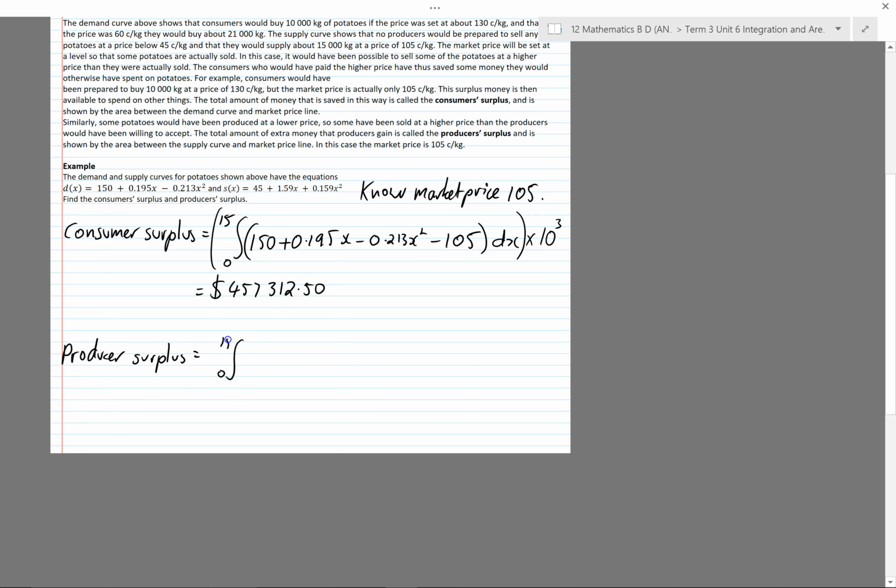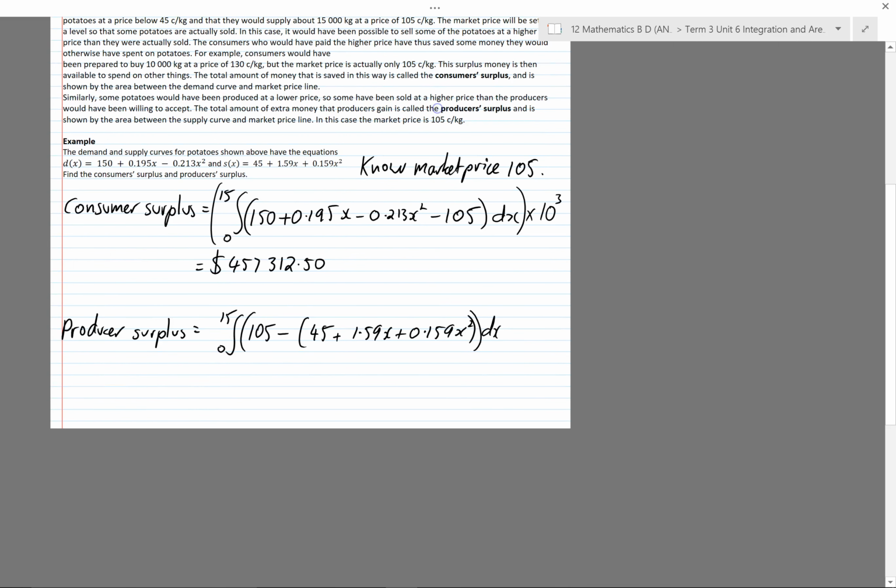Integrating between 0 and 15 of the market price minus the whole supply curve, dx. And again, is there a scale? Yep, need to multiply by 10 to the power 3. Go ahead and do that in a calculator, about $500,000.